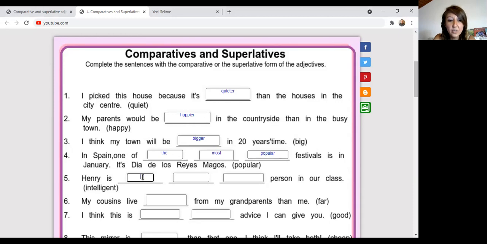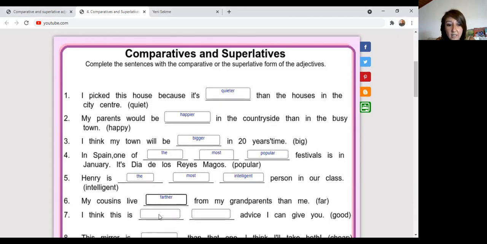Okay, excellent. Henry is the most intelligent person in our class. Excellent. My cousins live further from my grandparents, because far is irregular, or we can say farther.